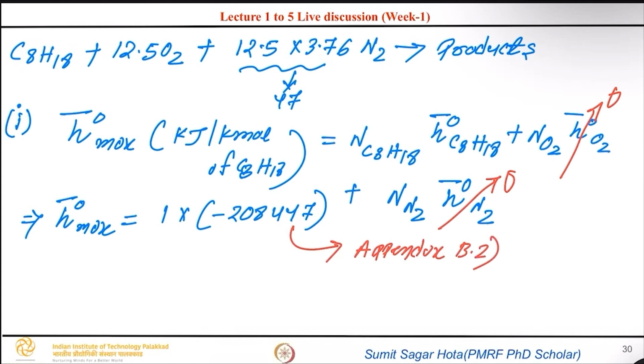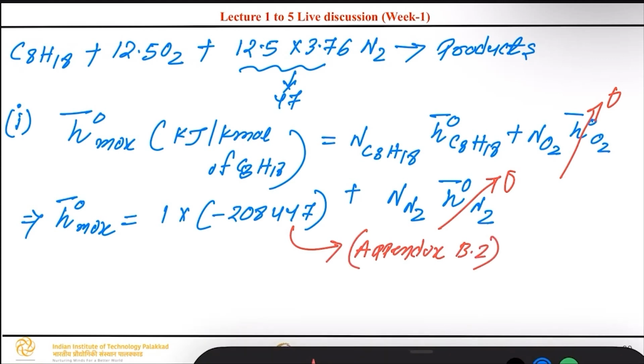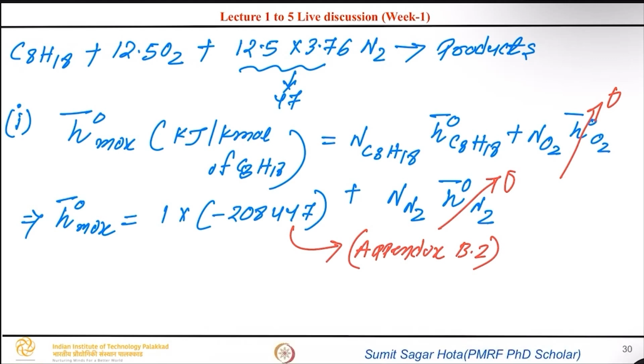I don't mention the book's name, you know the book's name, Ashoke. Okay, and the same value is only minus 208,447 kilojoule per kilomole of mixture. Okay.